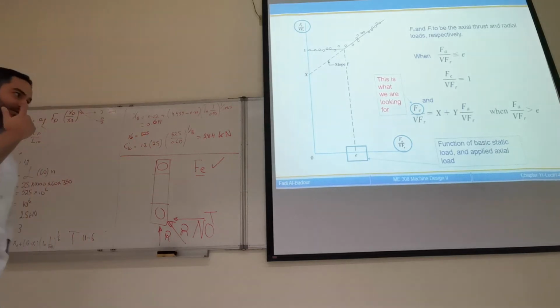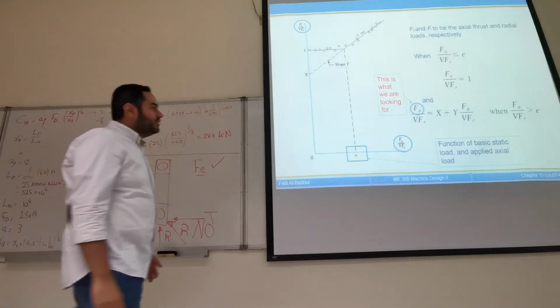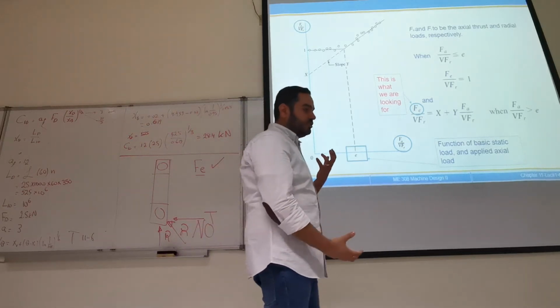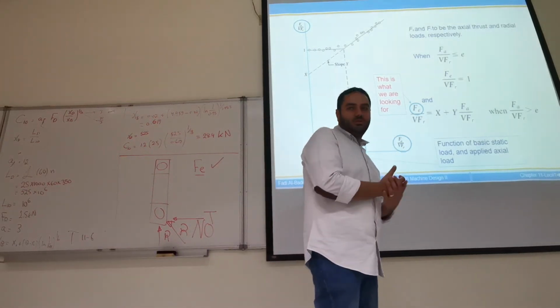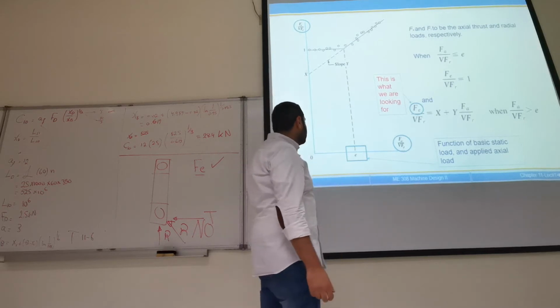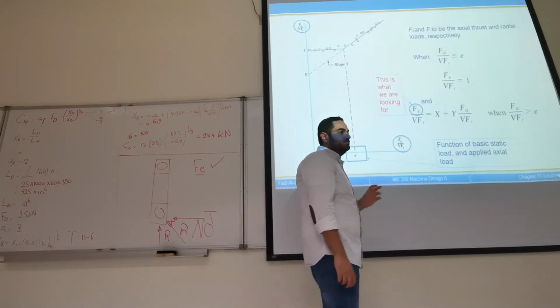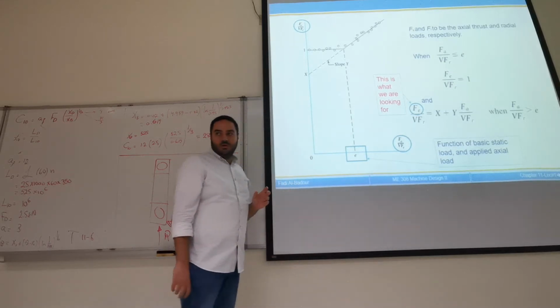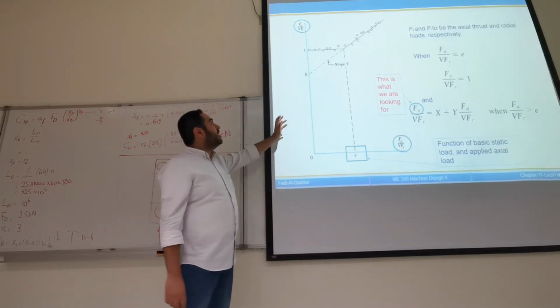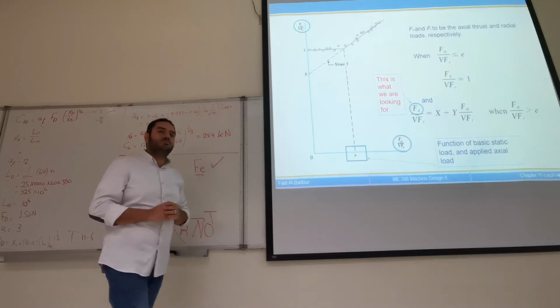So what does the data present? This data tries to reflect the effect of thrust load on the equivalent load. The x-axis here is the ratio between axial load and radial load. The y-axis is the ratio of equivalent load to radial load.